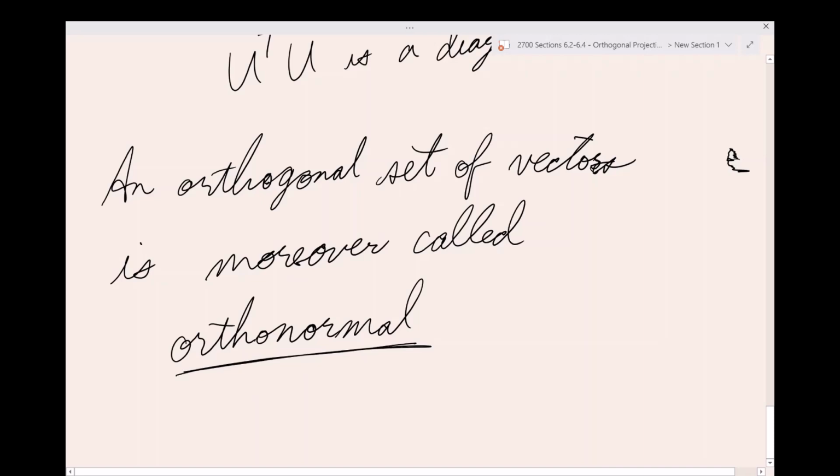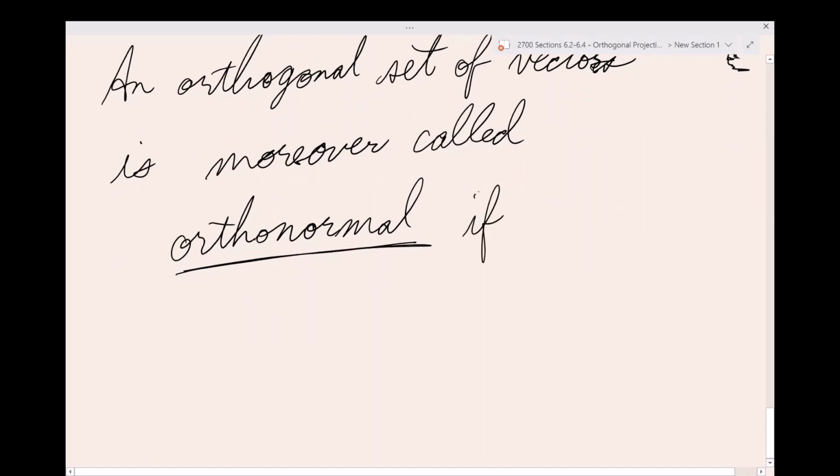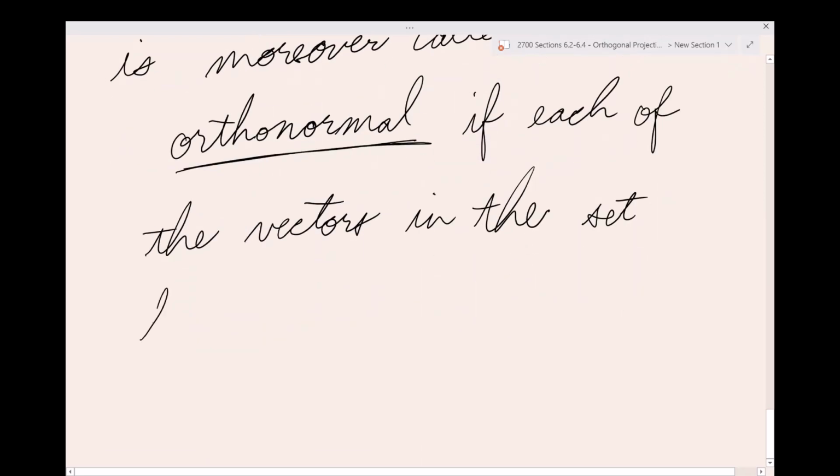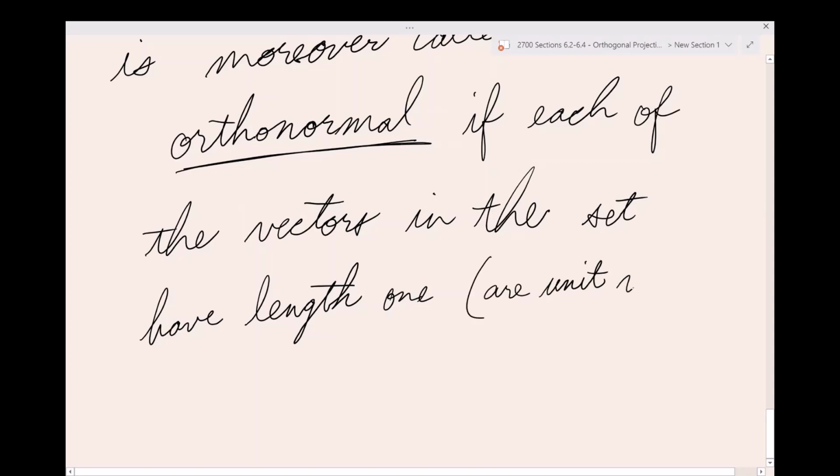So here's another piece. Orthonormal if each of the vectors in the set have length 1. And before we had a word for that, we called that being a unit vector.